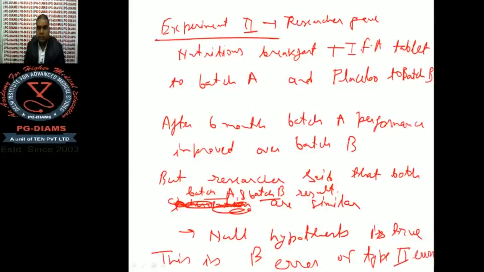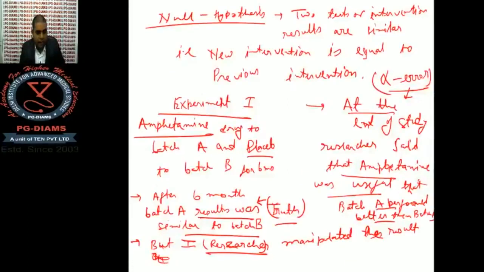Okay, are you getting my point? In type 1 error, the truth was both results were similar. The truth was that null hypothesis was true. Why true? Because both giving amphetamine and not giving amphetamine in experiment 1 was leading to similar results. So since it is leading to similar results, it means null hypothesis was true.